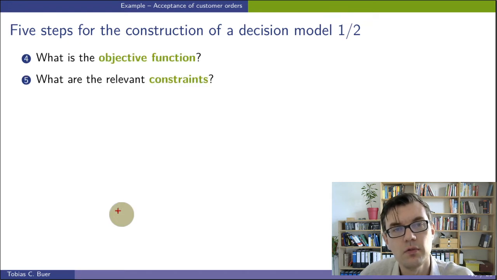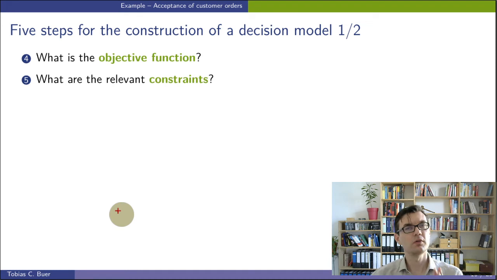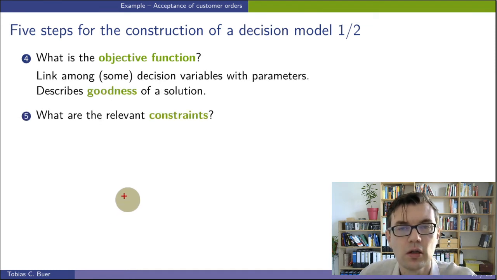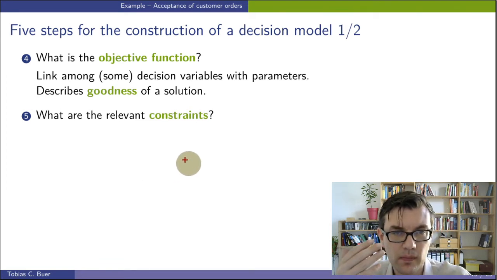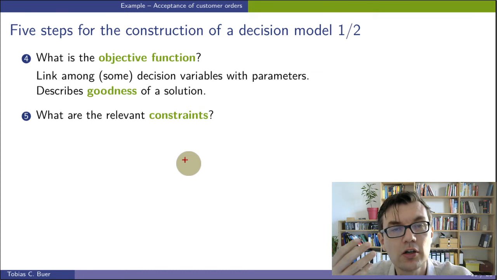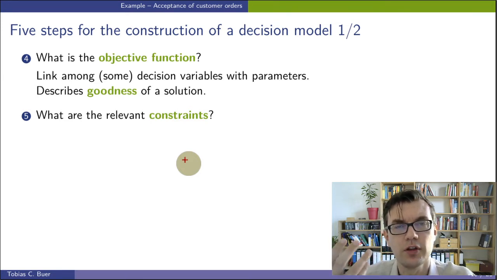Okay, let's move on. Now, what is the objective function? We already said that Aisha wants to maximize the total contribution margin, and the idea of an objective function is to measure how good our solution actually is. We describe the goodness of a solution.